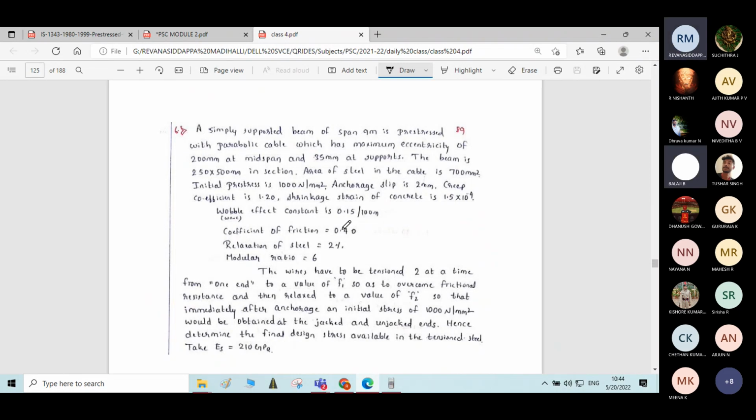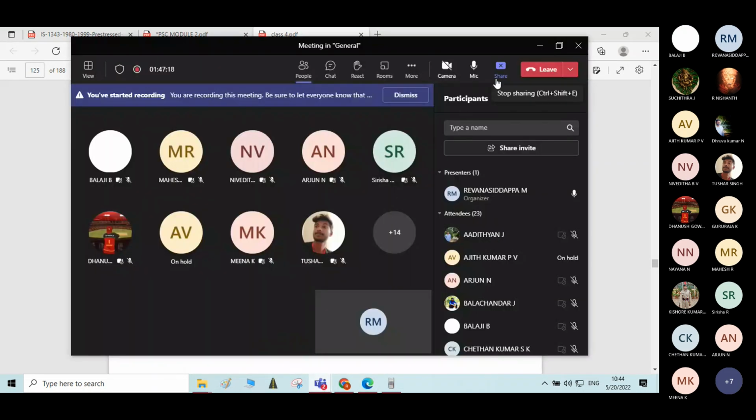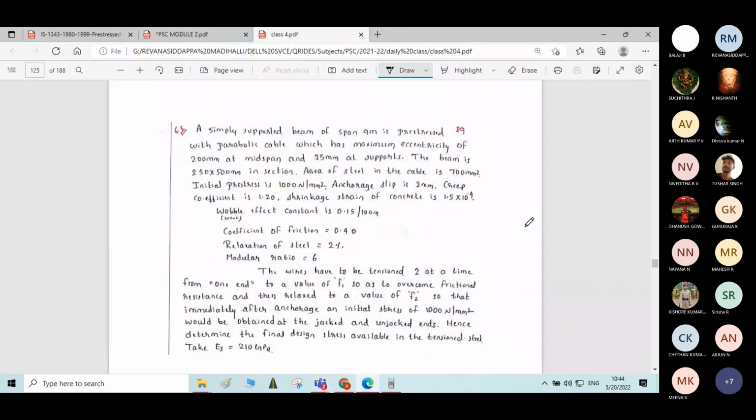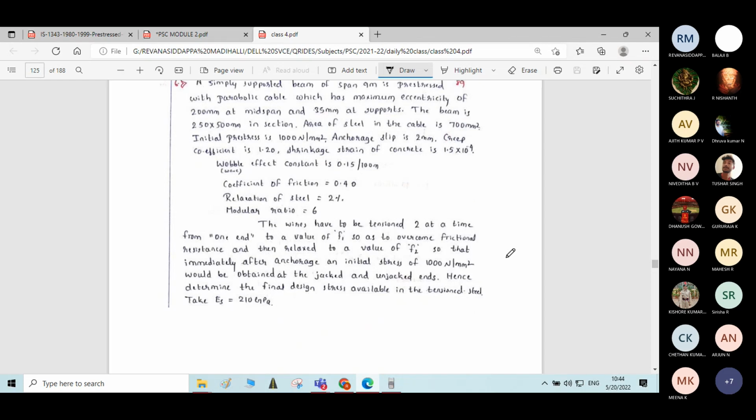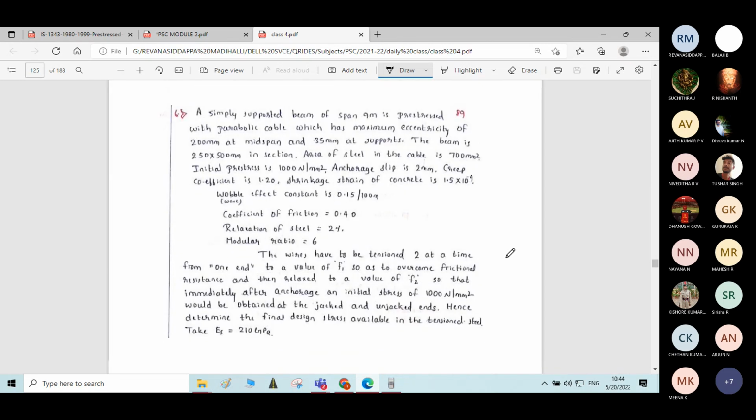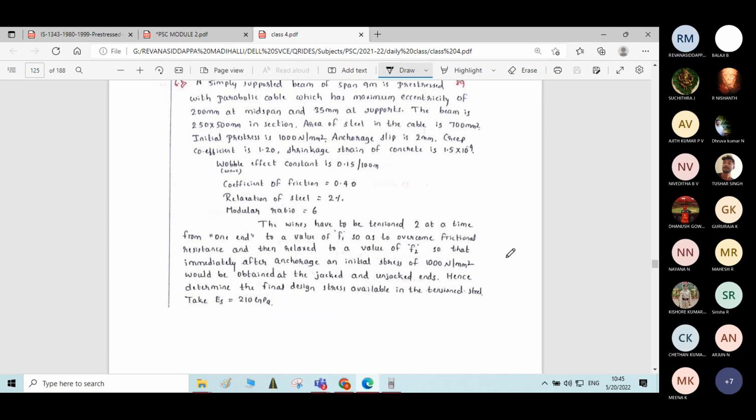Take 2 minutes time. Meanwhile, I'll write the diagram.